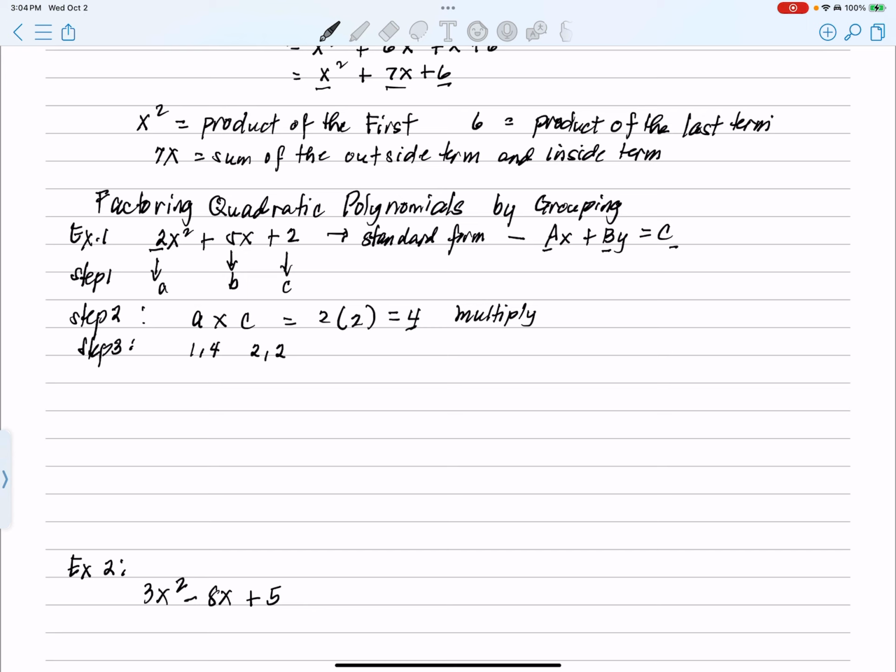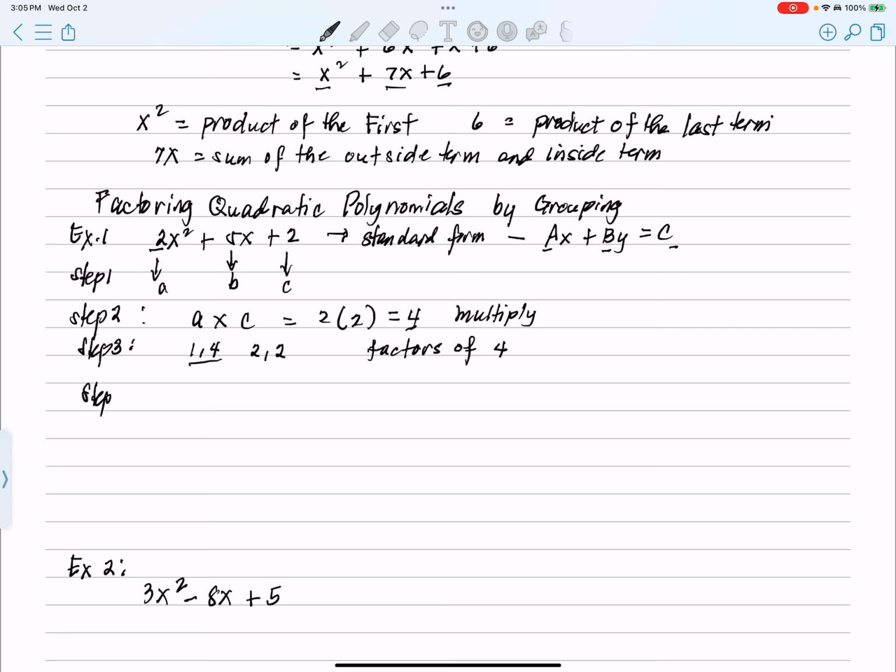So which of these two will give us 5 when we add? So 1 and 4 is giving us 5. Okay. So in this step, we are getting the factors of 4.